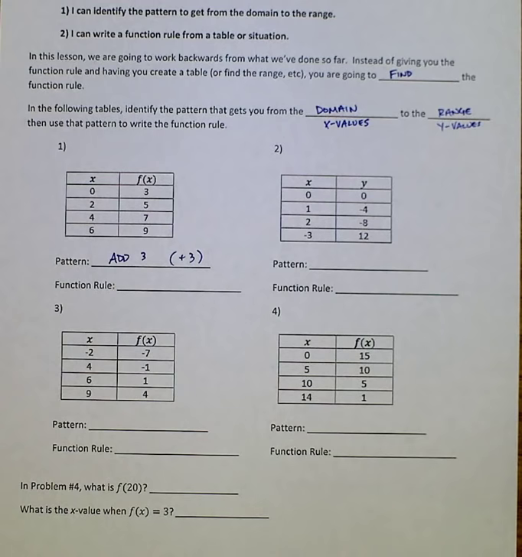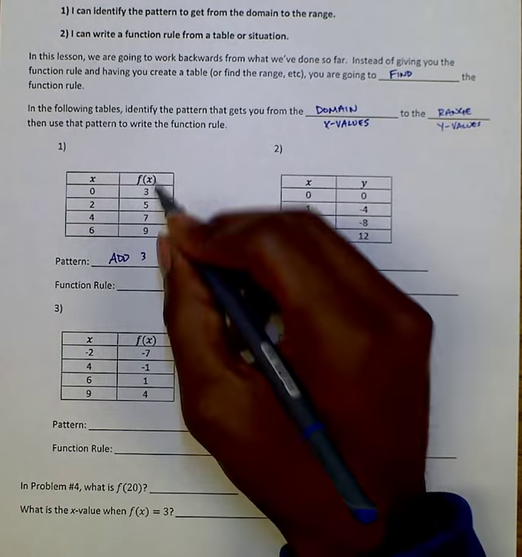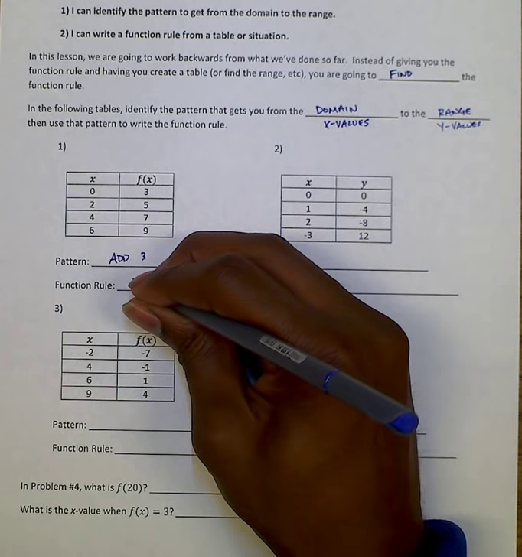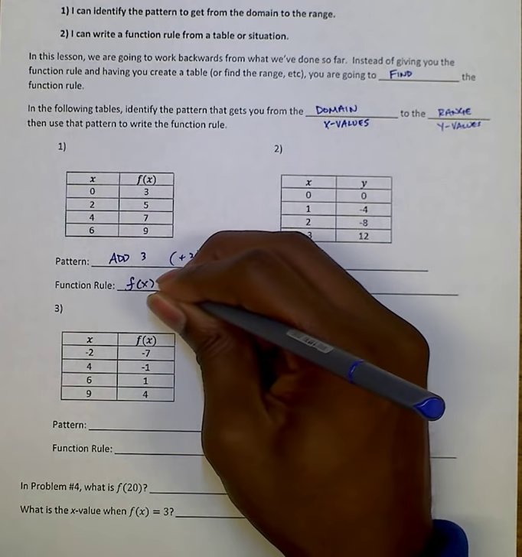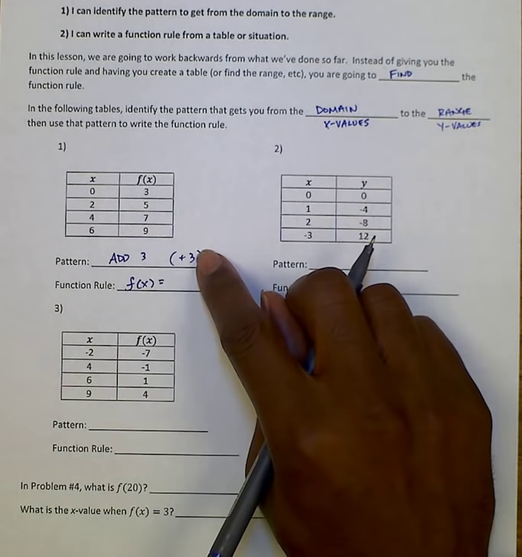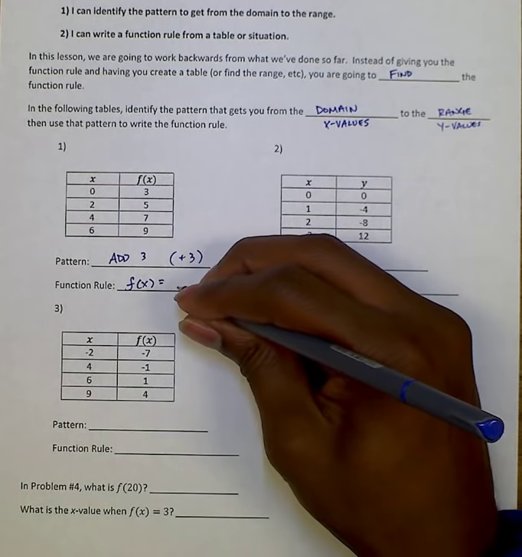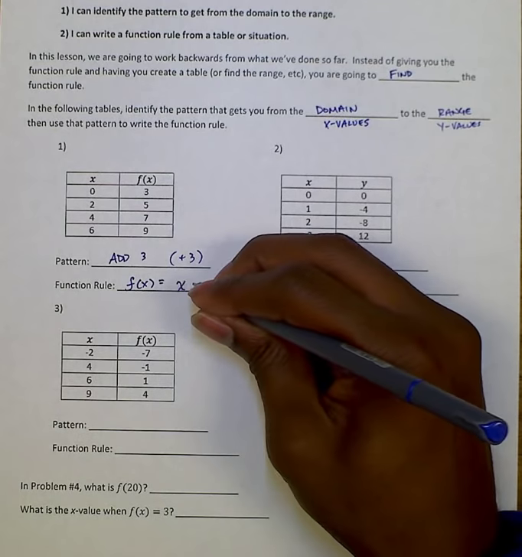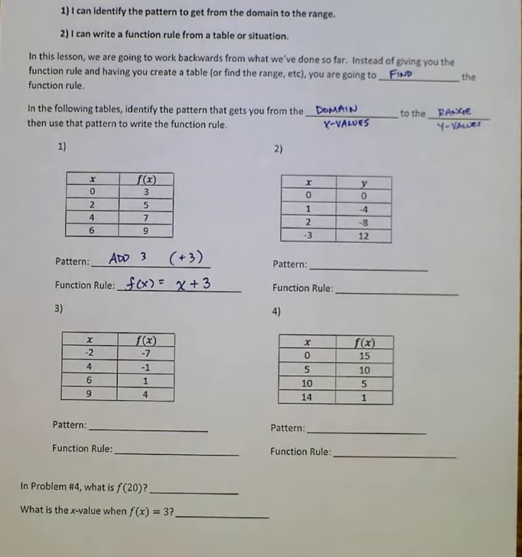Because I'm adding 3 to x, f of x equals x plus 3. Just like our last lesson where we were evaluating functions, now we're making the rule to be able to evaluate functions. So we identify the pattern, then we write the function rule.